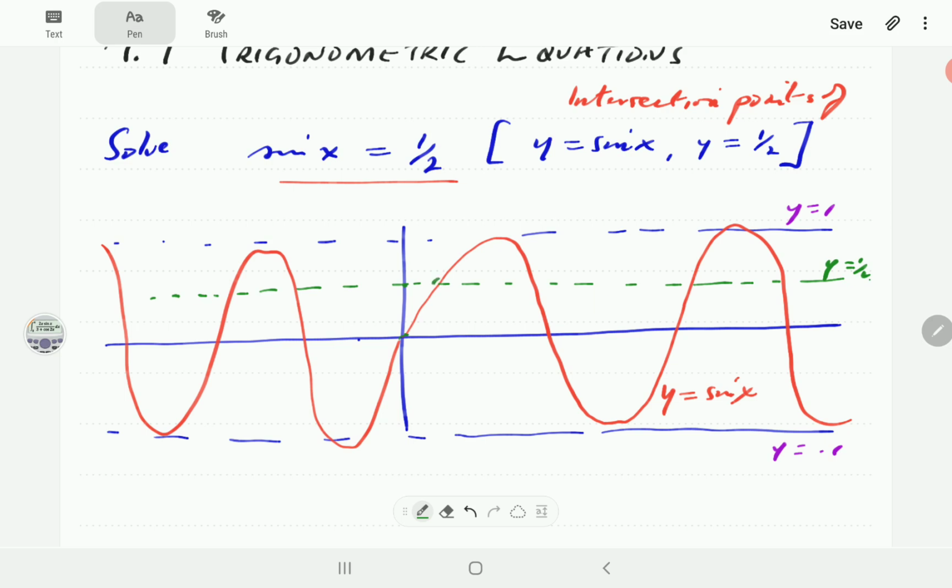So our solutions here are going to be all these points where y equals 1/2 intersects y equals sine x. Now you can see that there's going to be lots of them. So I'm just going to go to another screen and plot this on a graphics calculator and show you that there's really lots of them.